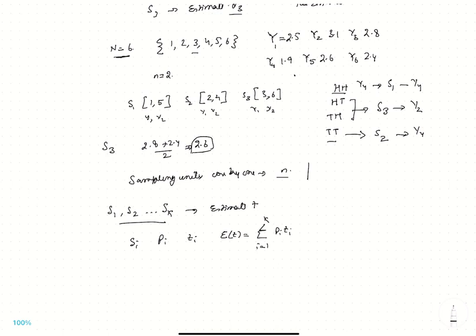Because what is the expected value? The expected value of T is the mean value that you're going to obtain from all the samples.